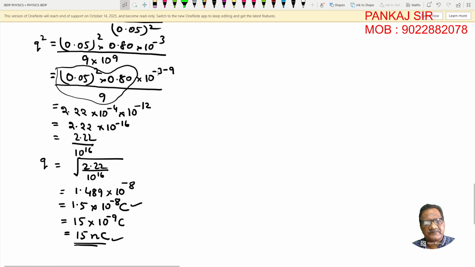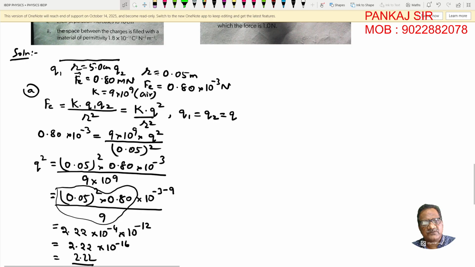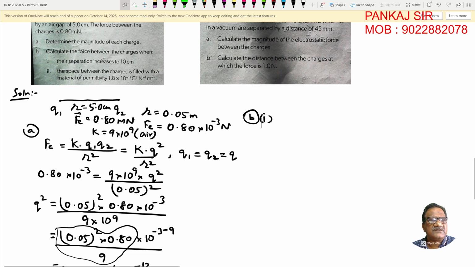Okay, so what should I do? B I will do here. Okay, B part. Now B sub question 1, let us start. Now what the question says, you have to find the force between the charges when the separation increases to 10 centimeter.